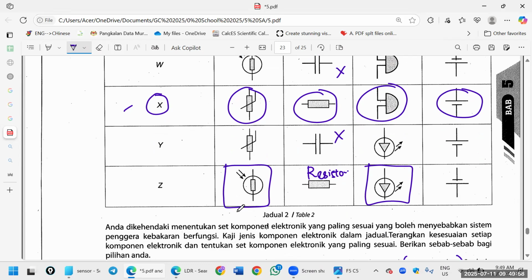But actually, this is a resistance. This is a diode. Then this one, you can see the light go in, sensing the light. So it's an LDR, light dependent resistance. This one, the light goes out. We call it a light emitting diode. Yes, this is an LED. LED actually is a diode.